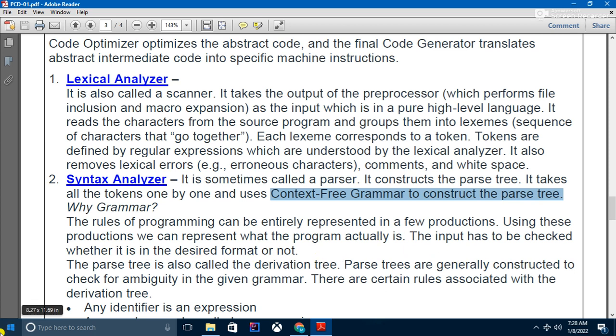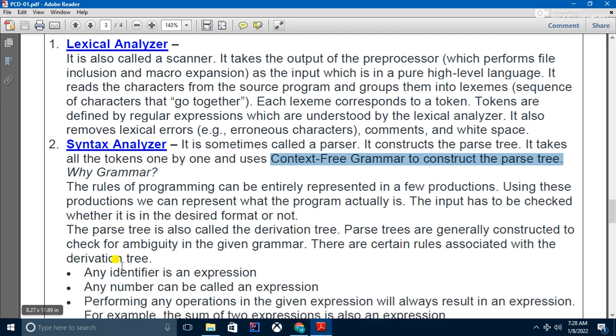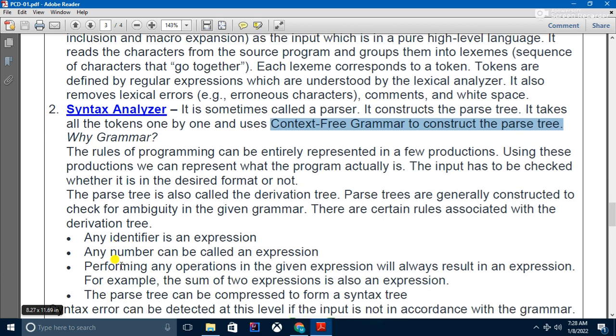Parse trees are generally constructed to check the ambiguity in the grammar. There are certain rules associated with the derivation tree. In that particular grammar, an identifier is an expression, any number is an expression, and performing any operation on given expressions will always result in an expression.